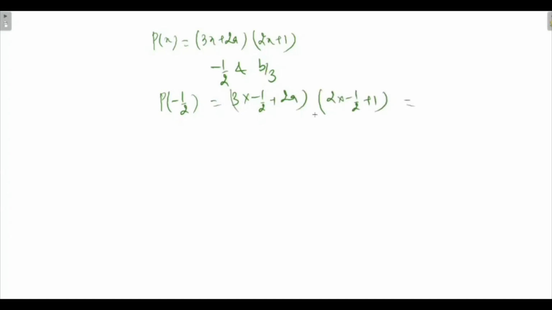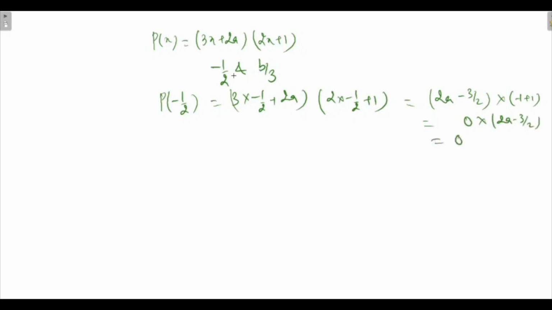Basically this will be 2a minus 3 by 2 into, this will become minus 1 plus 1, which is going to be equal to 0 into 2a minus 3 by 2, which is going to be 0.